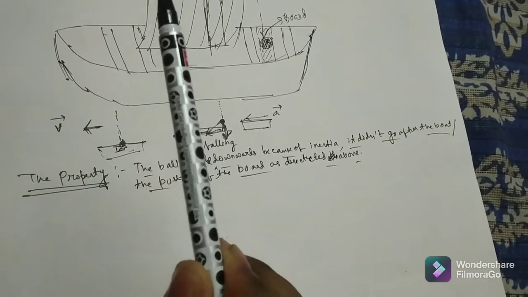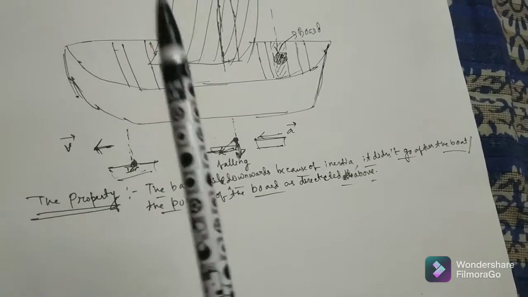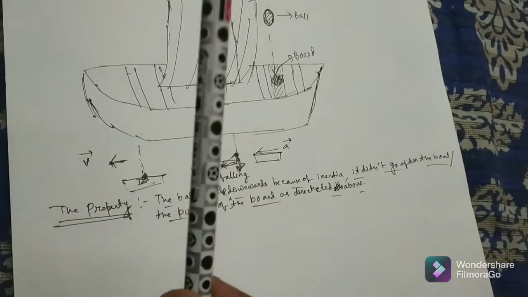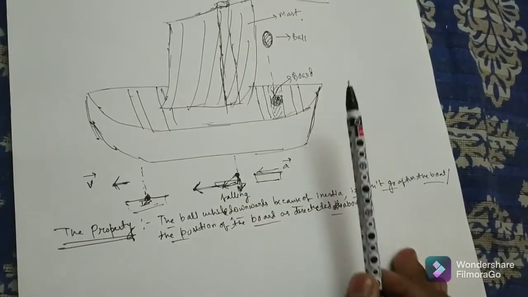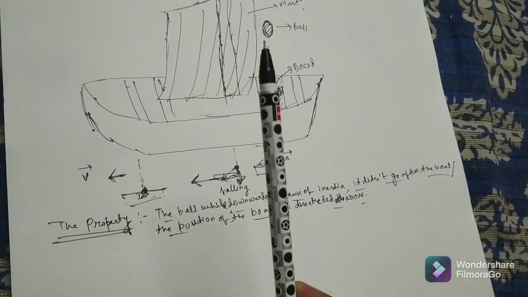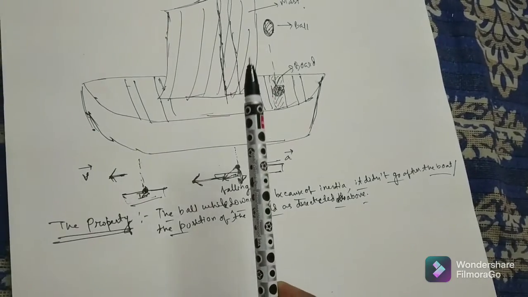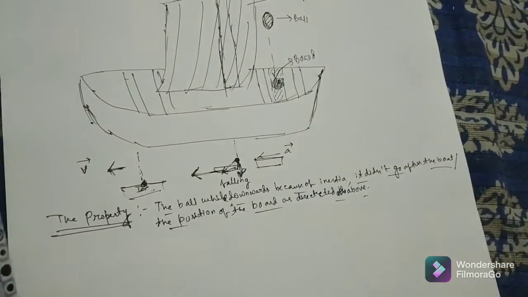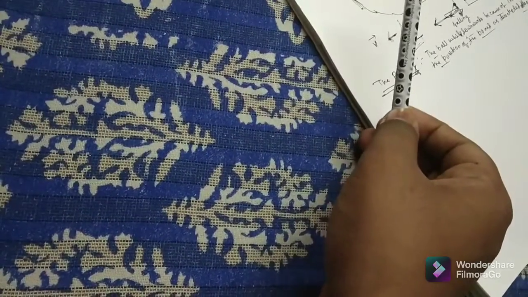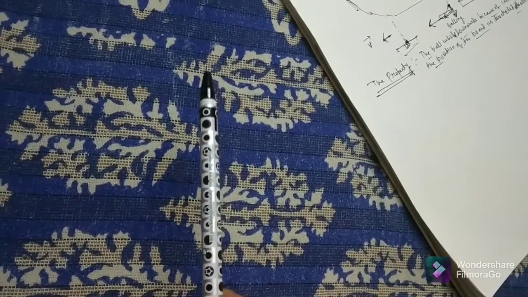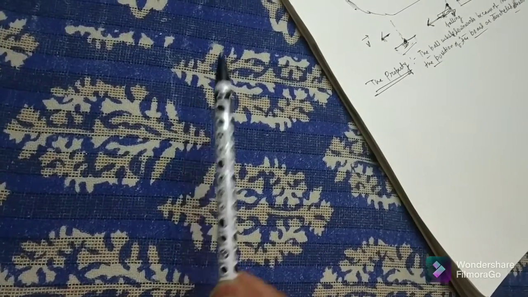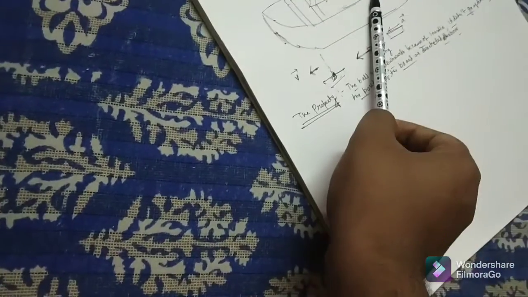Just focus on my pen. Imagine this pen is the ball, and this page is the boat. Until and unless the boat was traveling at uniform velocity, it fell in this position. But suddenly this boat moved, but because of the inertia only, it just fell downwards straight. It didn't go after it and fall here.